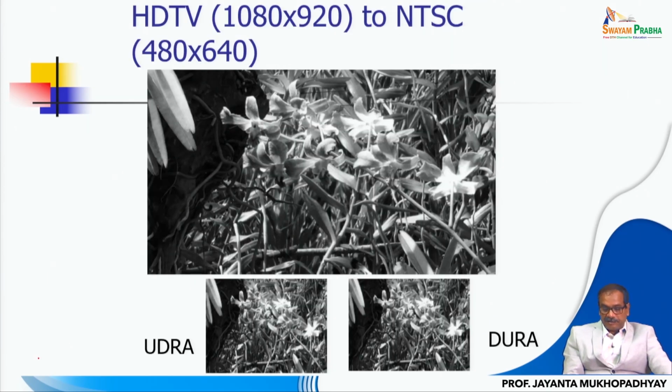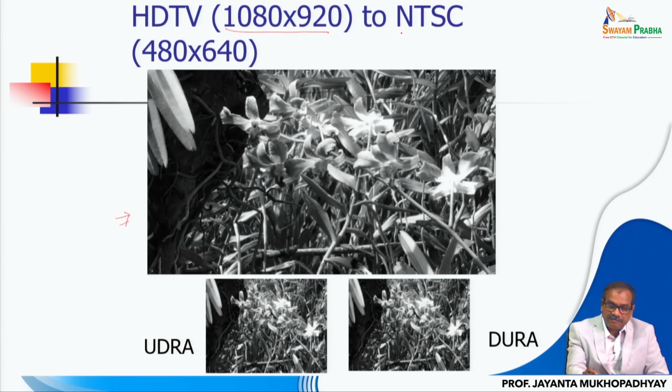Some examples are shown here. This is a conversion of HDTV to NTSC format. You see that you have a large image here. This format is of HDTV dimension. This is a standard, that is, the number of rows is 1080 and the number of columns is 920.